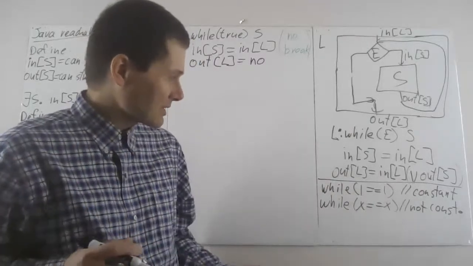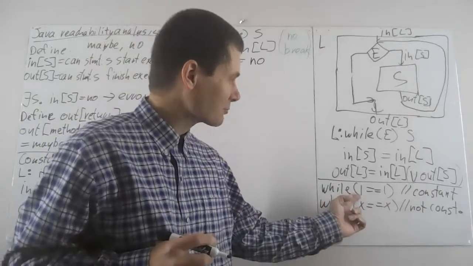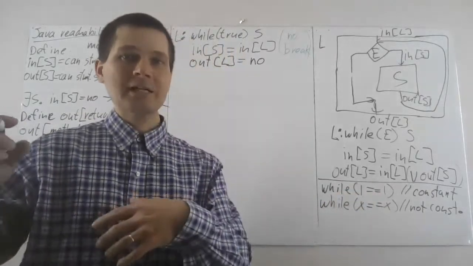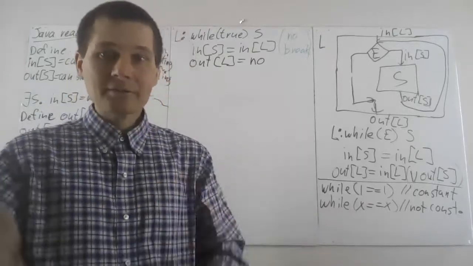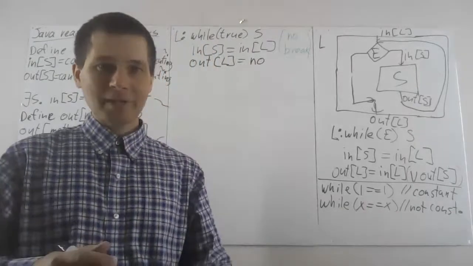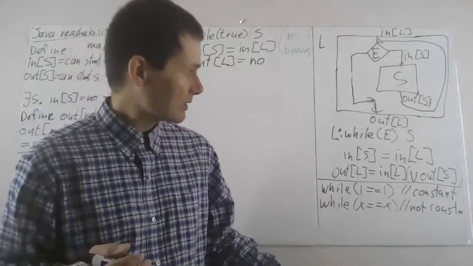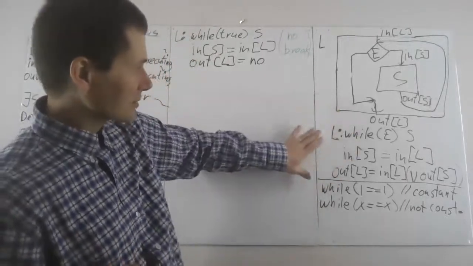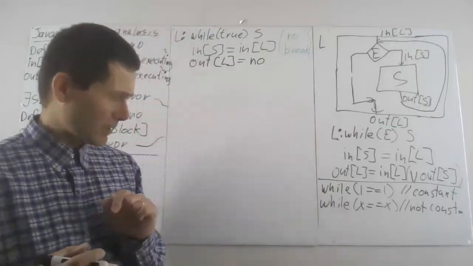The reason is that the Java spec tells you that 1 equals 1 is simple enough that the compiler is required to be able to figure it out, but x equals x is more complicated, so the compiler is not expected to figure it out. So you're going to use this rule for the second while loop.